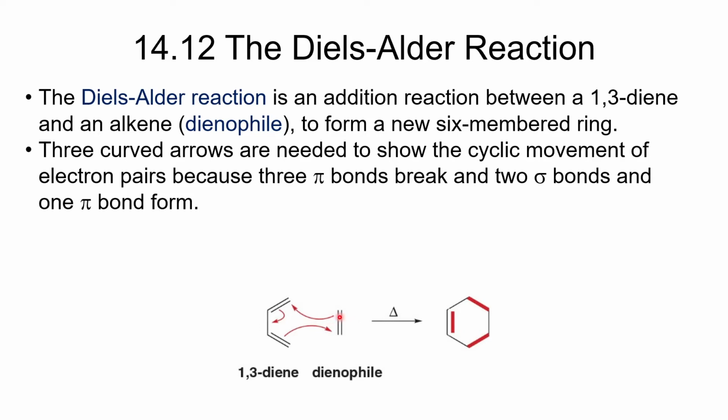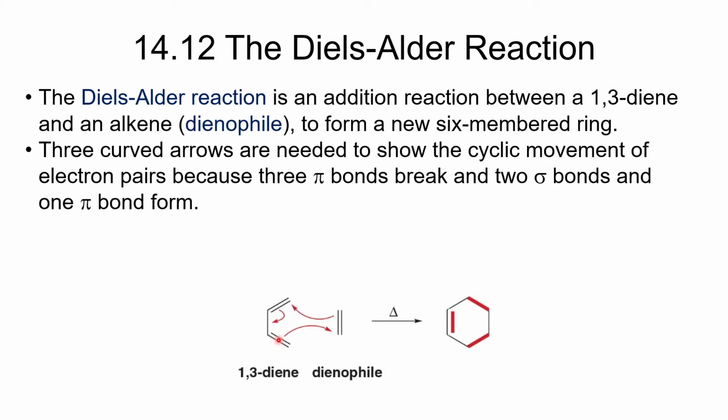We're going to draw this arrow from the double bond that is in the dienophile to one of the carbons in our 1,3-diene. And it has to either be carbon 1 or carbon 4. If you're going this way, it's going to be this top carbon. Then we're going to take that pi bond between carbon 1 and 2 and move it to carbon 2, 3, and put a double bond there.